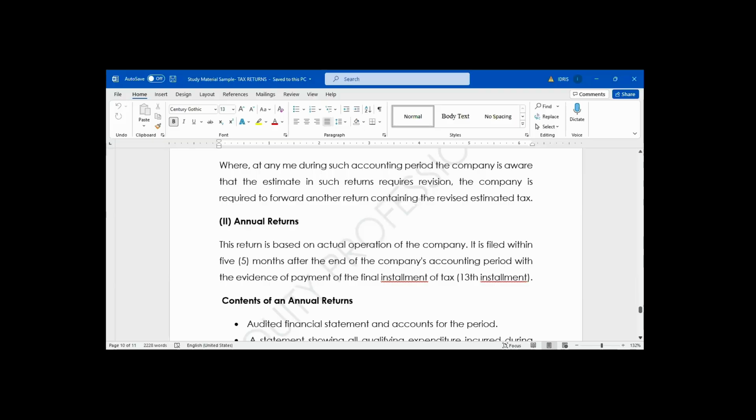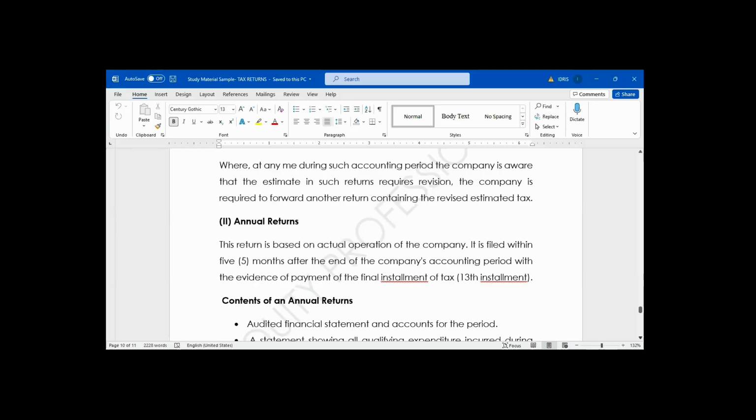The purpose of the annual return is for them to show the tax authority the actual position of the profit that they make. Once they show the actual position of their profit, they compute the tax based on the actual profit.